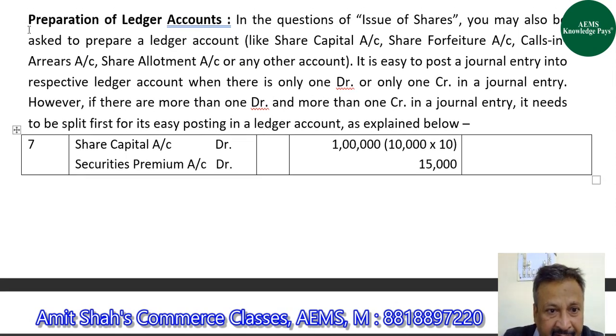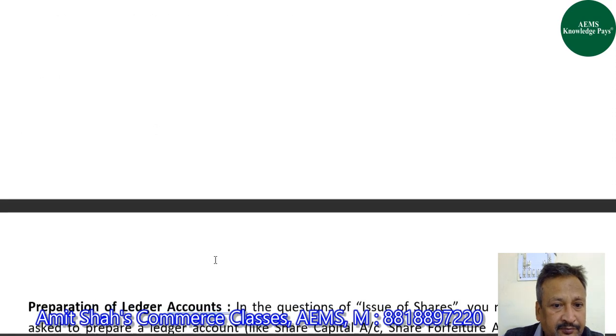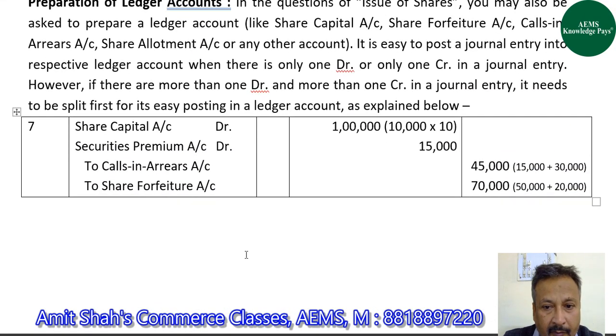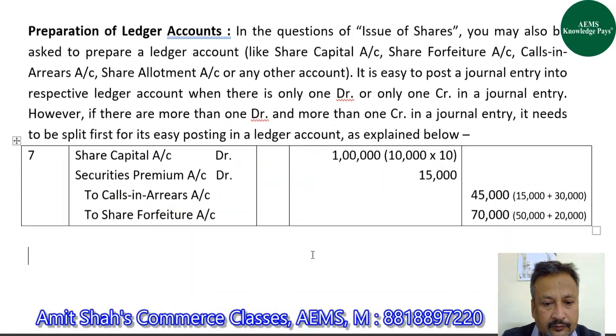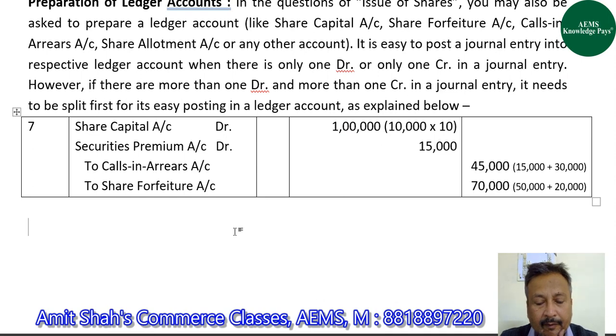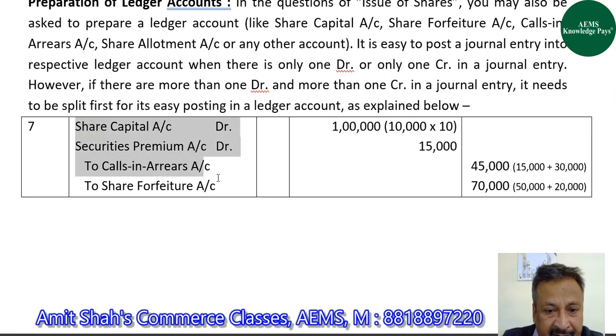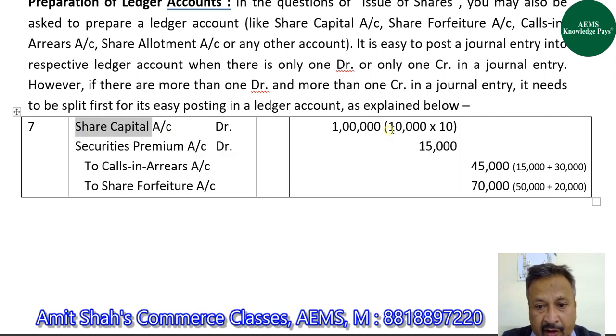So I have taken this entry from the previous example. Now, guys, what we have done in this entry is we have forfeited 10,000 shares, right? Where we demanded the entire face value. That is why we have taken 10,000 into 10.